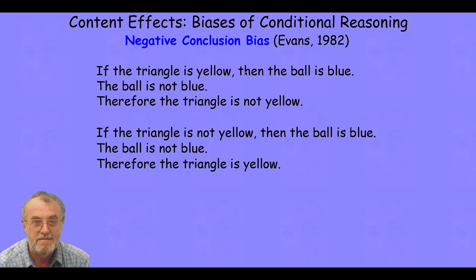It relates this statement's being true to this statement's being true, asserting whenever this statement is true, this statement is also true. Our second premise says this second part isn't true, and therefore if our conditional statement is true, the antecedent can't be true either. It can't be the case that the triangle is yellow.